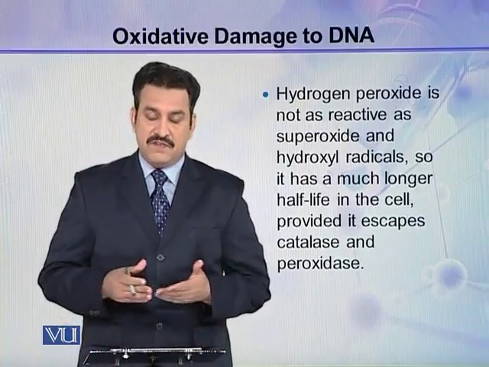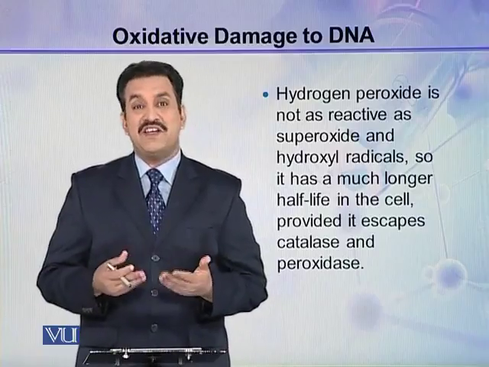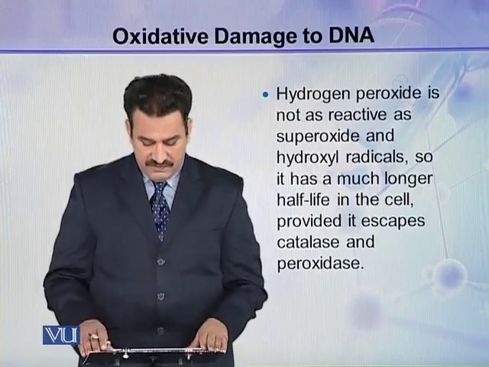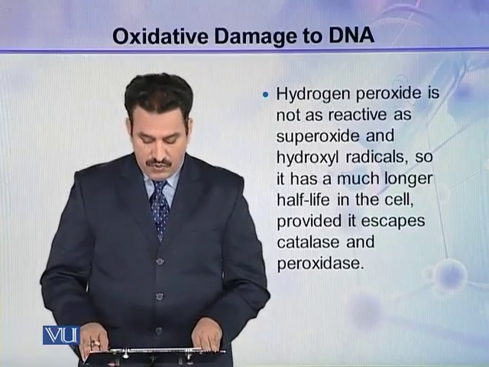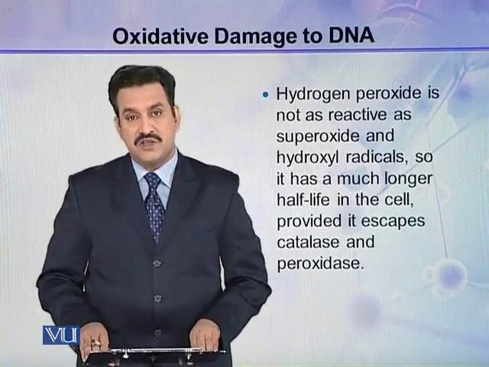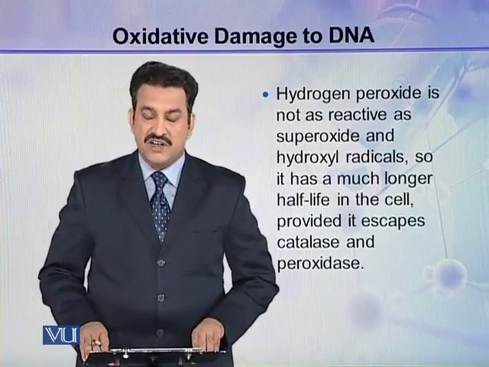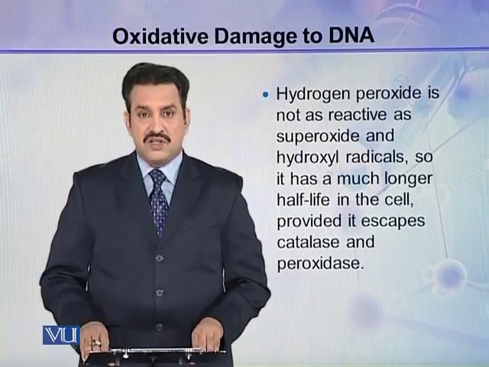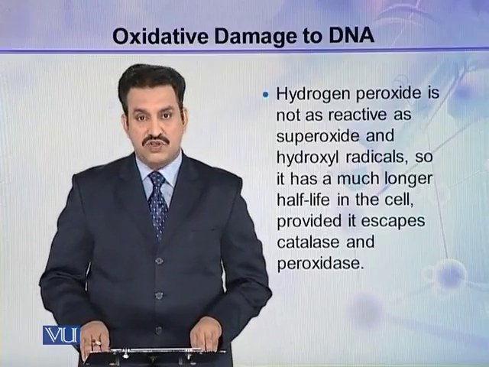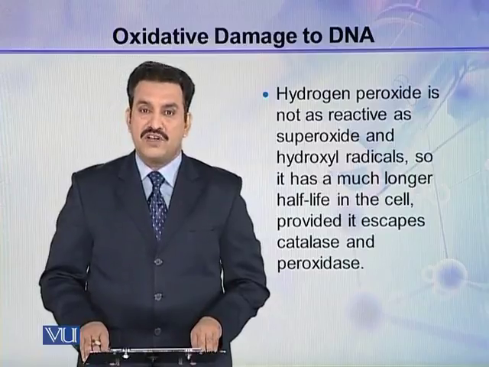If it is not very reactive, it will have a longer half-life in the cell, provided it escapes catalase and peroxidases. These two enzymes don't allow hydrogen peroxide to stay in the cell for longer times.